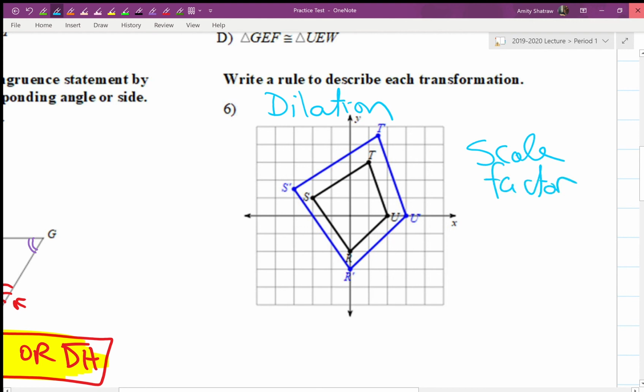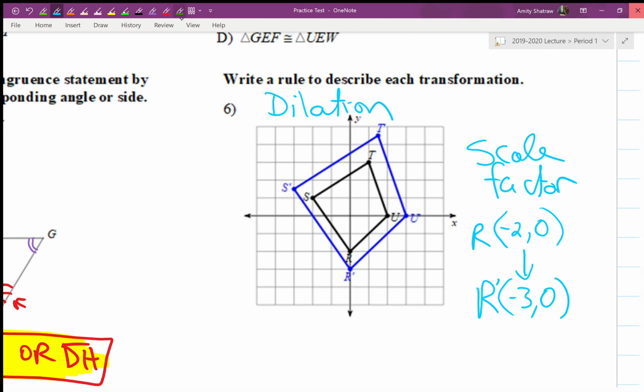And when we look at what we did yesterday, we took a point, and I don't care. Shout out any letter, S, T, U, or R. Okay. R is at this point, it's at -2 and 0. And it got transformed into R prime, which is at -3, 0. So I wanted to remind you that what we did to R was we multiplied it by something that I called the scale factor.